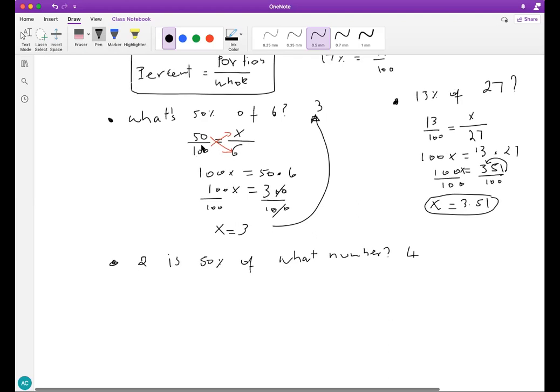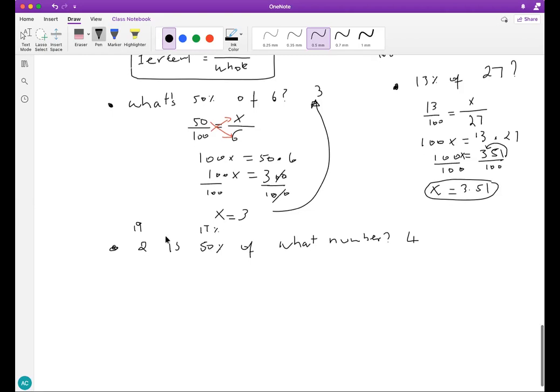But let's see how to do that with equations, because it's not always this convenient. Imagine if you have, I don't know, 19 here and 11% or 17%. We'll do that after this one. So this is basically the whole number.